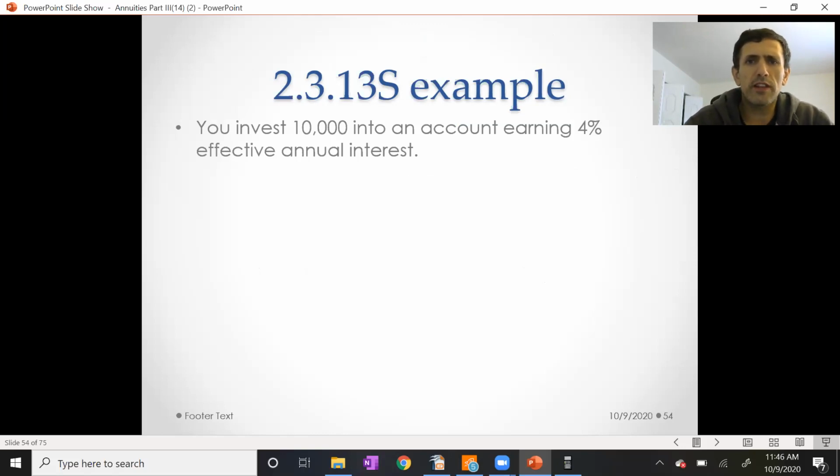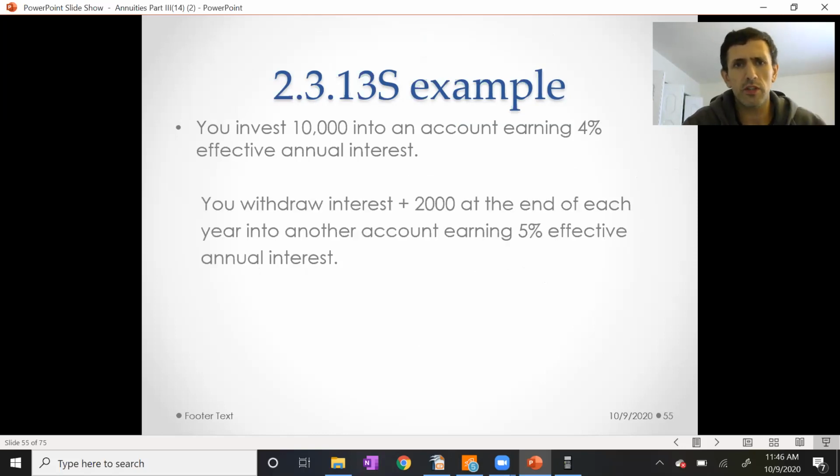So you invest $10,000 into an account earning 4% effective annual interest. You withdraw interest, and in addition to interest, you withdraw $2,000 at the end of each year into another account earning 5% effective annual interest. If the context is not clear, you're withdrawing that year's interest, so you're withdrawing $2,000 plus that year's interest at the end of each year.